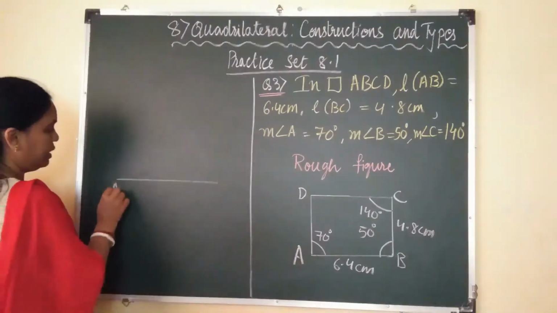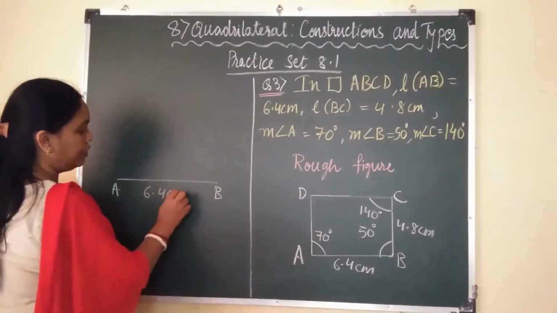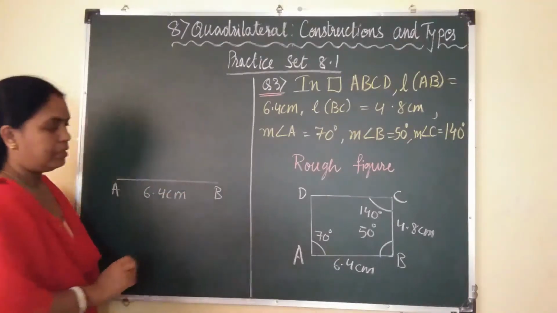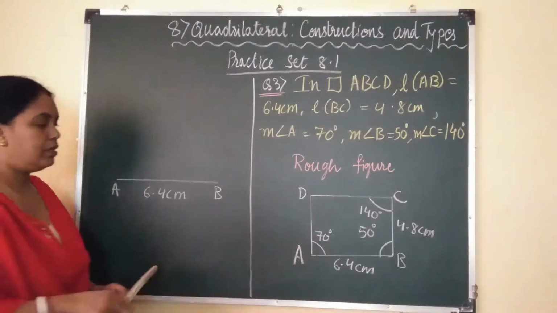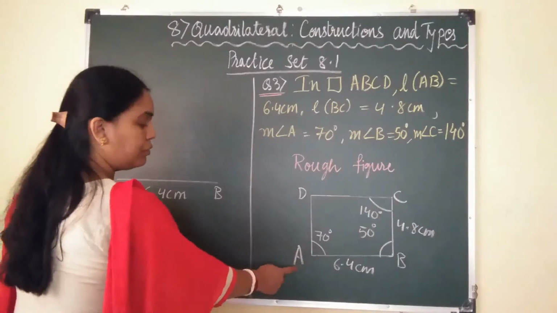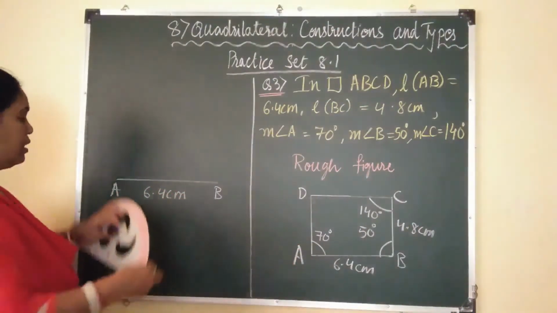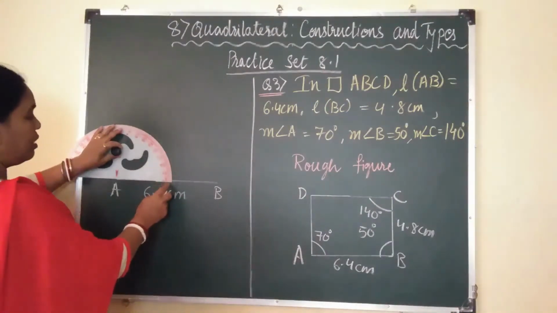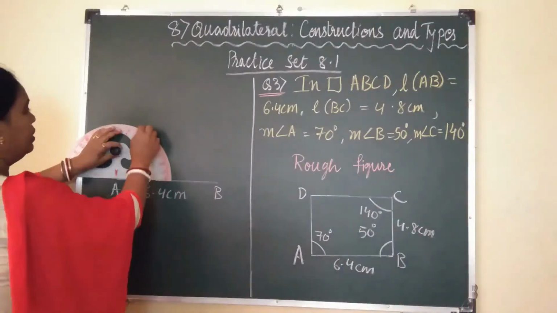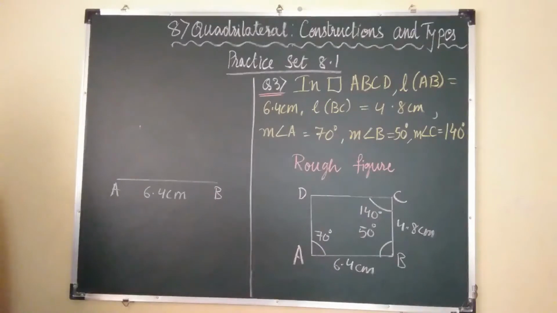So it is AB, 6.4 centimeters. Now we have to draw measure angle A 70 degrees. Using your protractor, start counting from 0 till 70. Draw the angle.